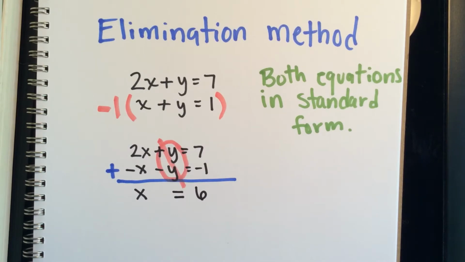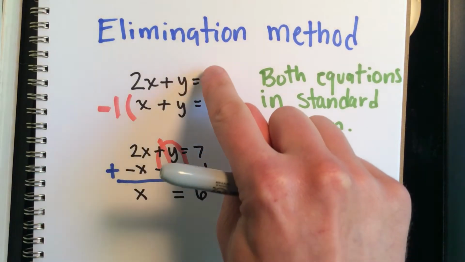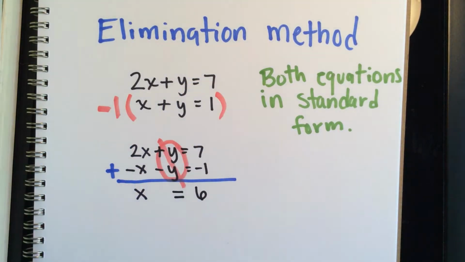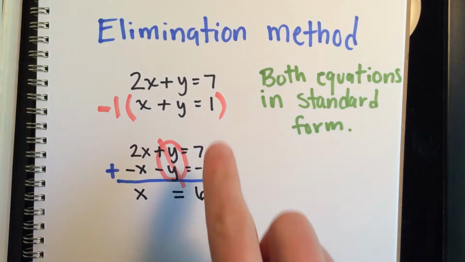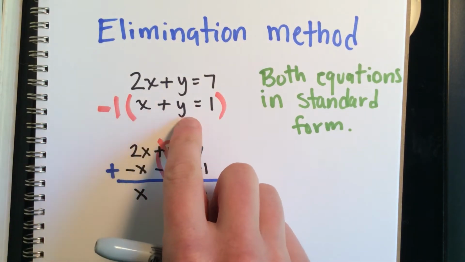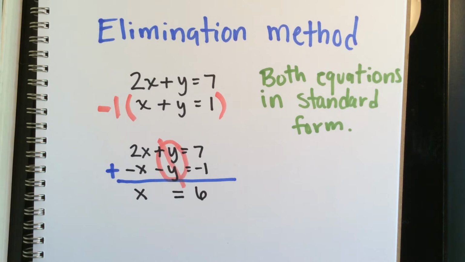So since we have our value for x, we need to go back and solve for our value of y. So we can choose either of these two equations up here. I'm going to choose this x plus y equals 1 because it's a little bit simpler, has smaller numbers.